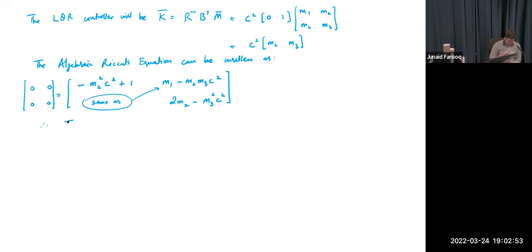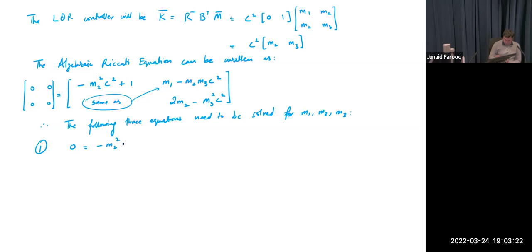So the following three equations for m1, m2, m3. Number one is 0 equals minus m2 squared c squared plus 1.